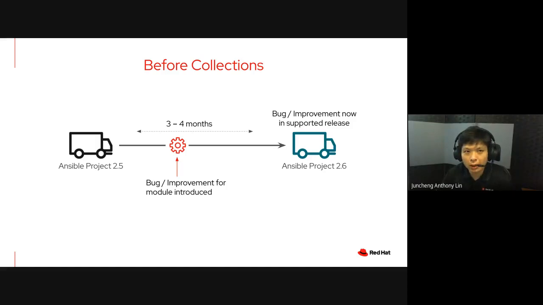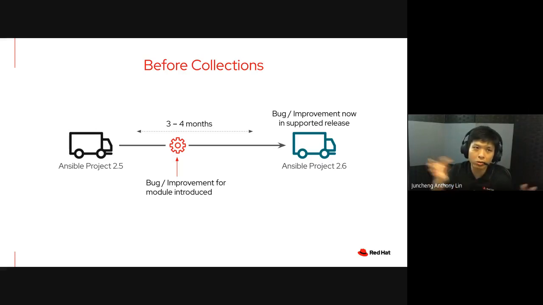So as a lot of you might remember or recall, right, in the past, it takes a while for one version to go to the next, right? For instance, let's say if you go from Ansible 2.5 to 2.6, it can be 3 to 4 months. So what was going on is that the content inside, so let's say if I have a Palo Alto, I have an AWS module that's inside, you will have to wait, right, until the engine is upgraded to the next version before all these bug fixes and everything can go in.